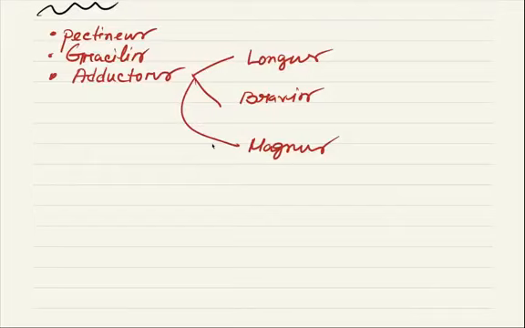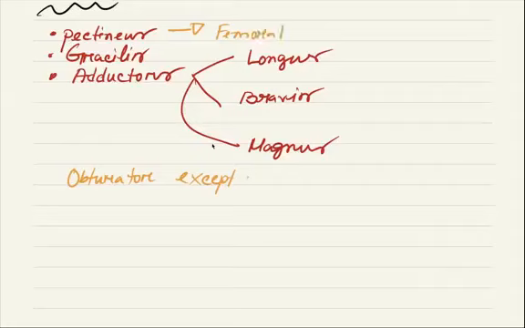All the muscles are supplied by the obturator, except the pectineus, and the adductor magnus. The pectineus is supplied by the femoral nerve, and the adductor magnus lateral half is via the sciatic nerve.